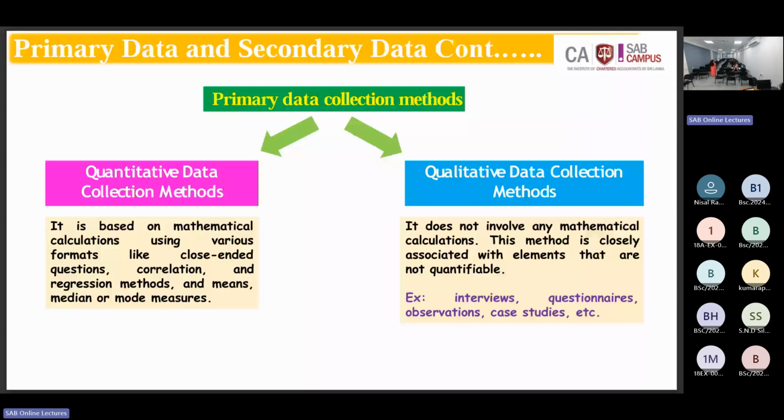As a researcher, if he is going to conduct a quantitative study, what sort of data can they use? And the other one, if the researcher is going to conduct a qualitative study, what sort of data do they need to prepare? This is the linkage.